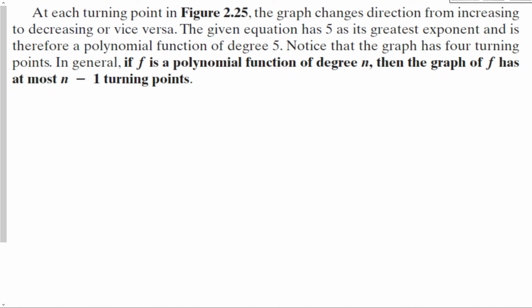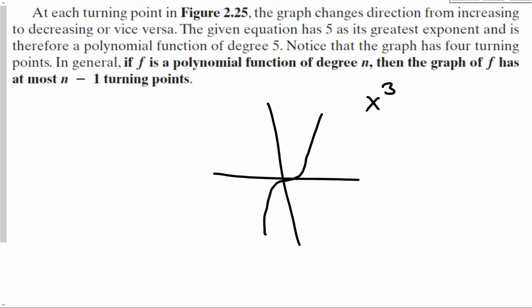In general, and in bold, must be important: in general, if f is a polynomial function of degree n, then the graph of f has at most n minus 1 turning points. It does not have to have that many. It can only have up to that many. And we can see that by looking at the parent function for x to the third. The parent function for x to the third has no turning points. Other cubic functions might have 2 turning points, n minus 1, the exponent minus 1.